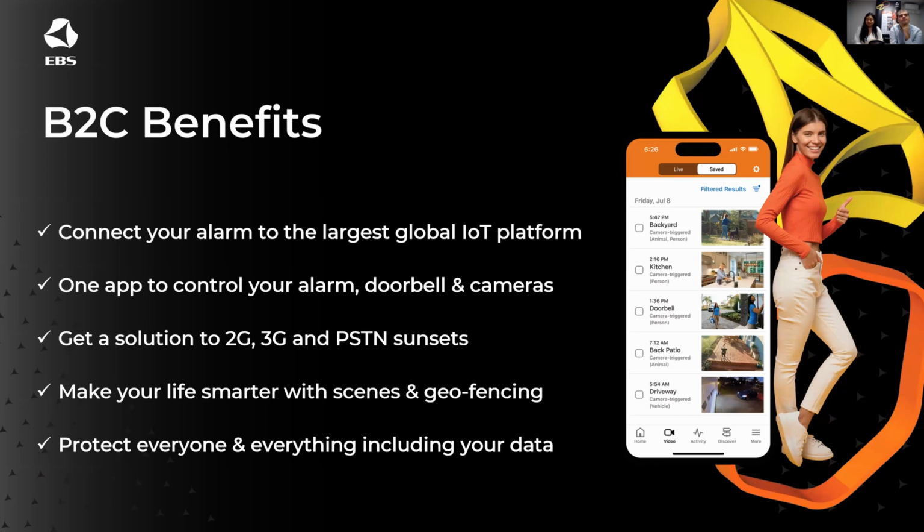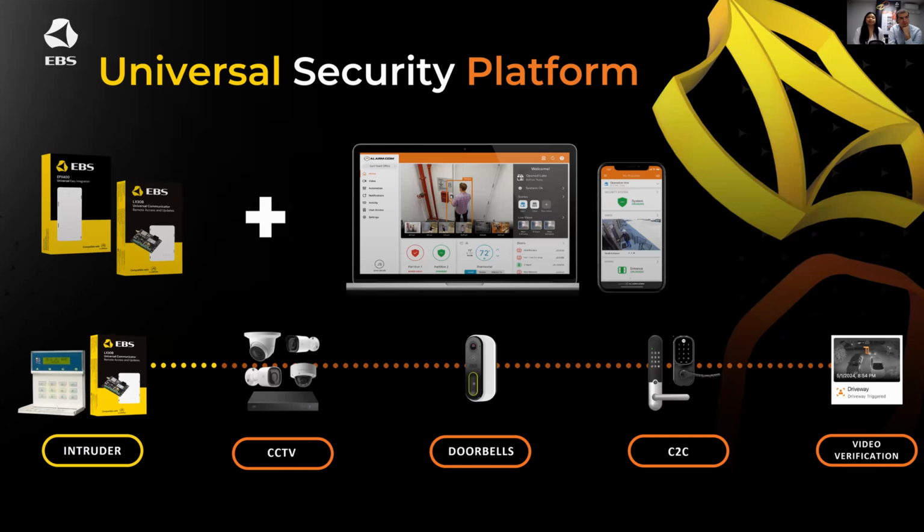So with that, I would like to show you this slide which summarizes the points that we've covered today. The USP solution, or the Universal Security Platform, includes the EBS communicator. So we have the LX30B and the EPX400 together with the Alarm.com portal.